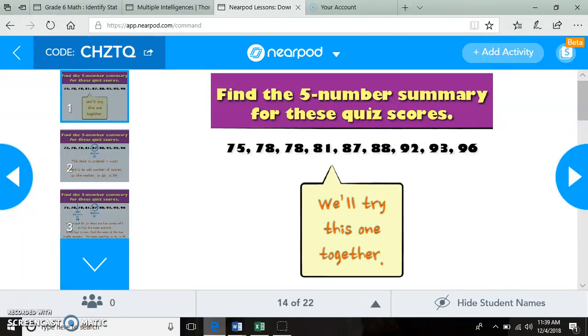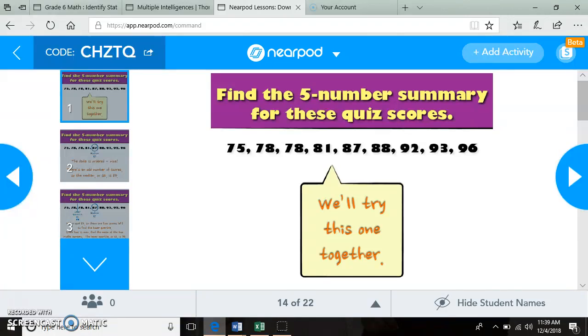So now the lower quartile would be the 2 numbers 78 and 78. And when you take the average of that, you get 78. So good, we found the lower quartile. Well, now let's find the upper quartile.